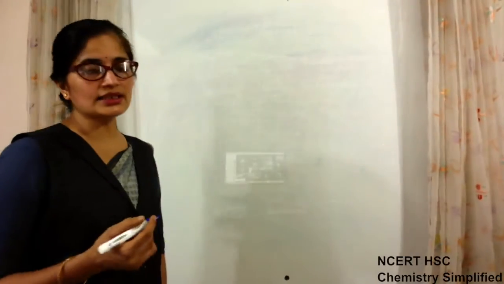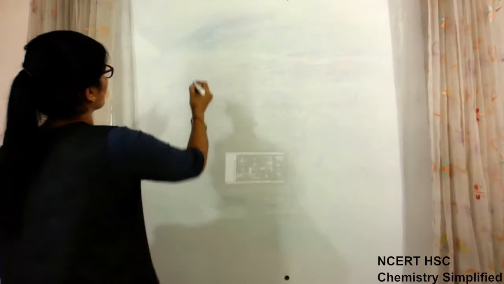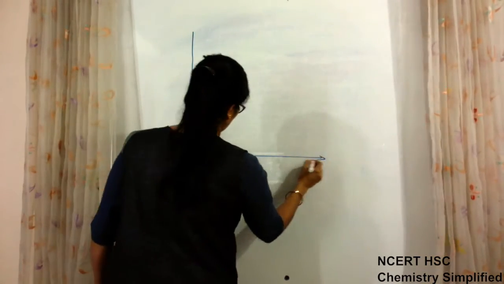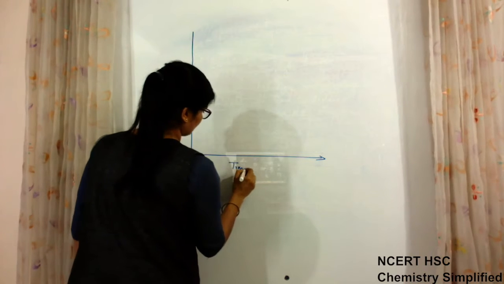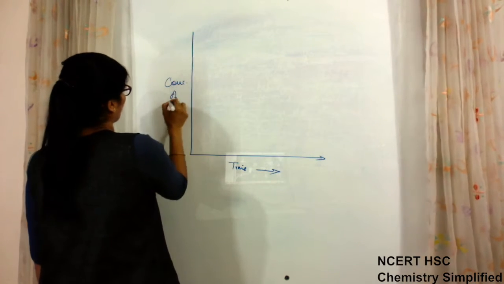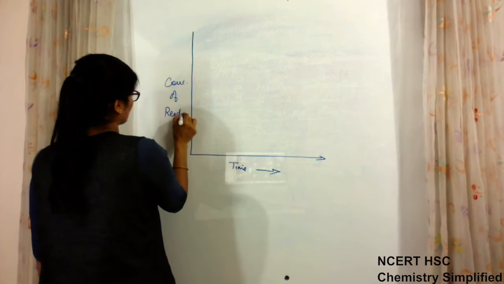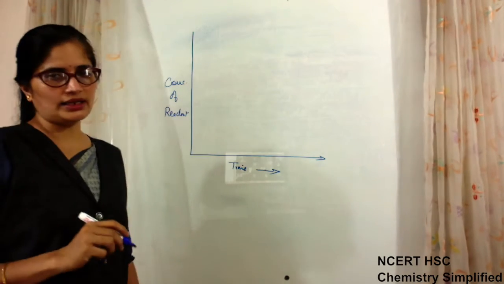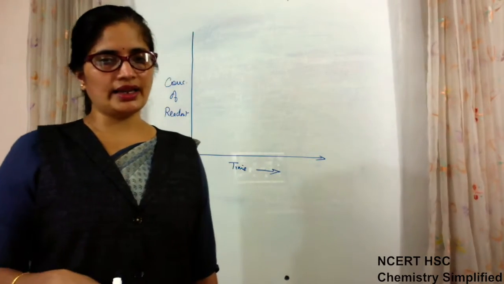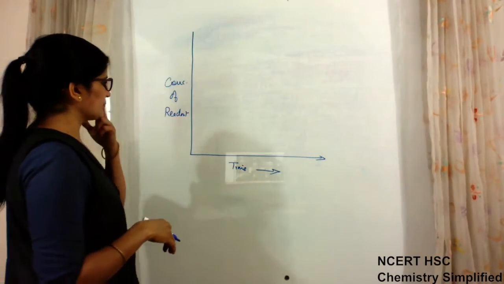So now we will see the graphs. If we plot a graph between time and concentration of reactants, we know that in case of reactants, the concentration initially is high and then later on the concentration decreases.